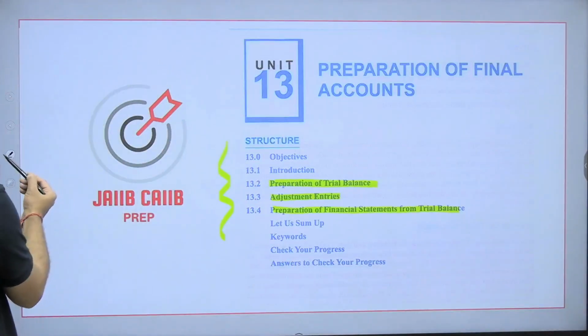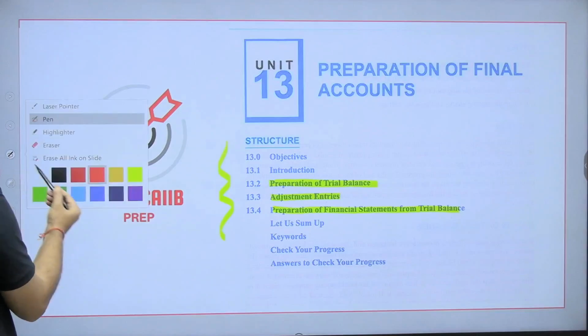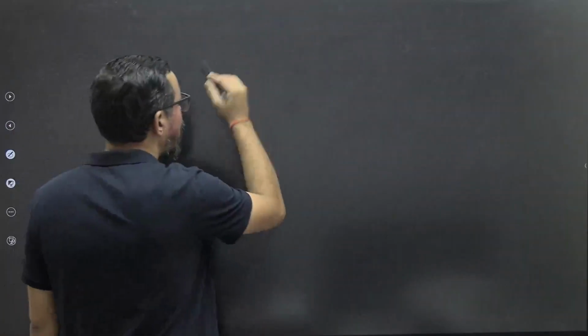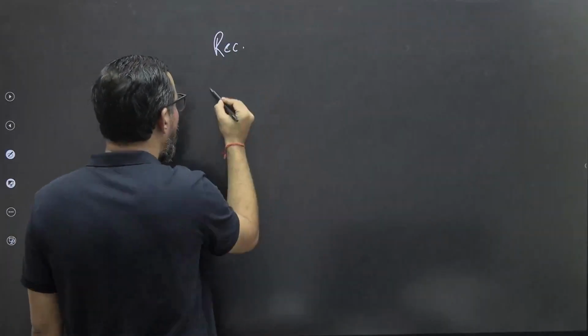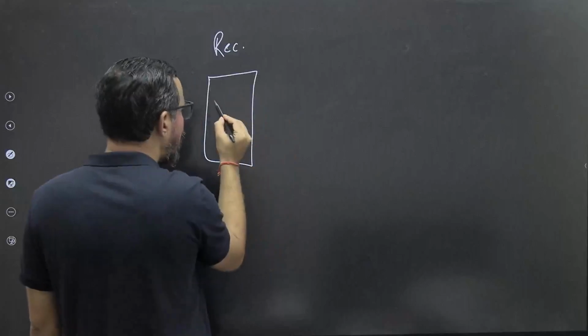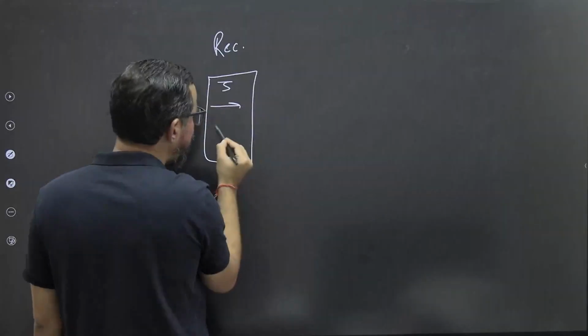There was one process which we discussed during our introduction phase. When it comes to the entire accounting cycle, it starts with recording. Recording, which we generally do in chronological order with the help of journal entries.